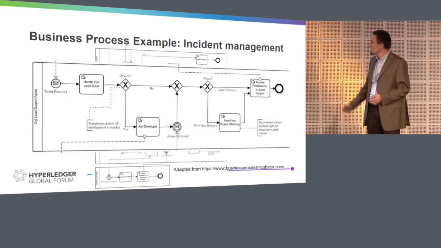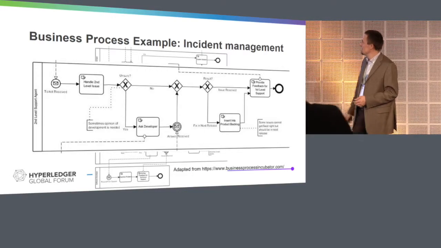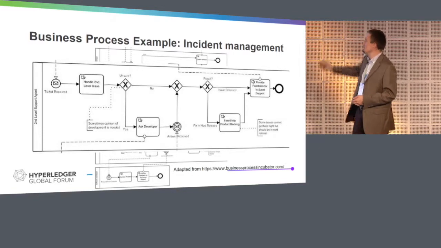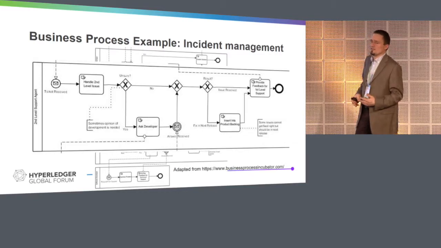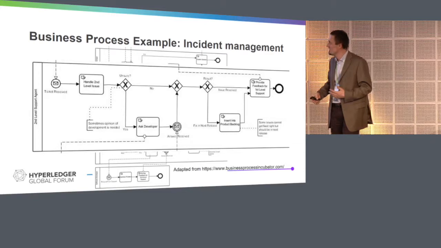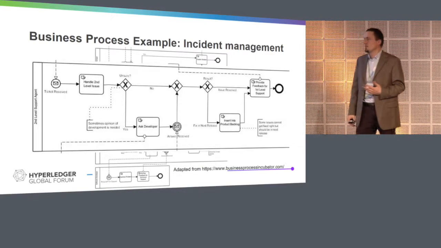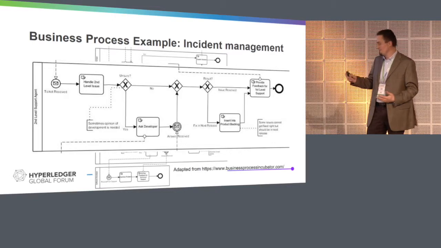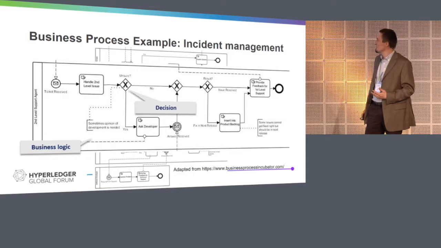To concentrate on one particular aspect of this process, what you see here are, of course, some steps. These steps are assigned to certain participants, certain organizations. For instance, this is the level 2 support, which has to decide whether something should be corrected by the developer or not. And there is, of course, some business logic which is encoded.